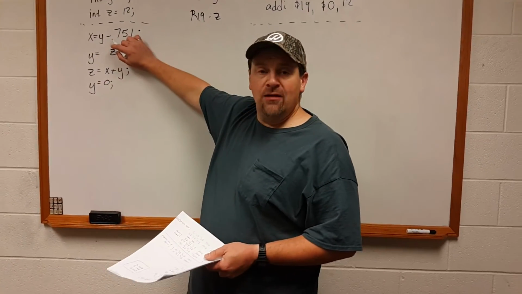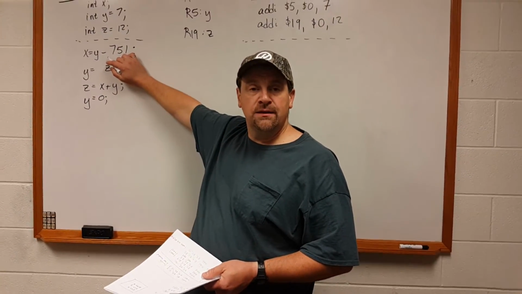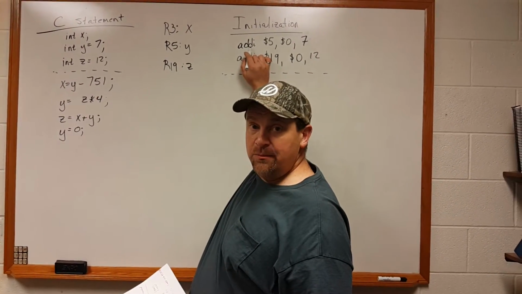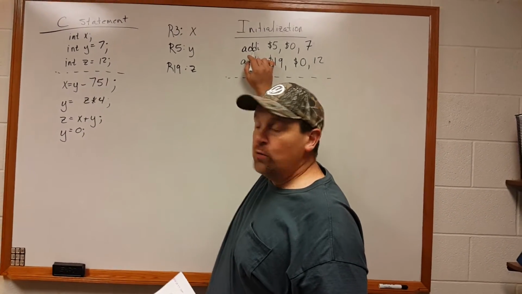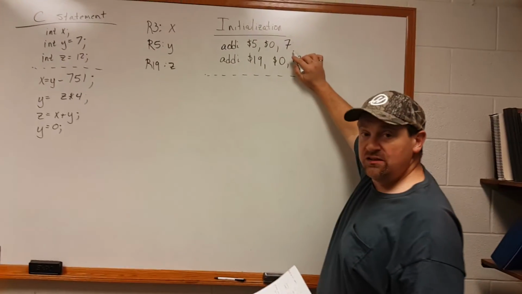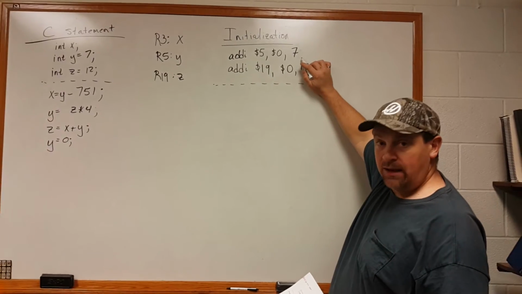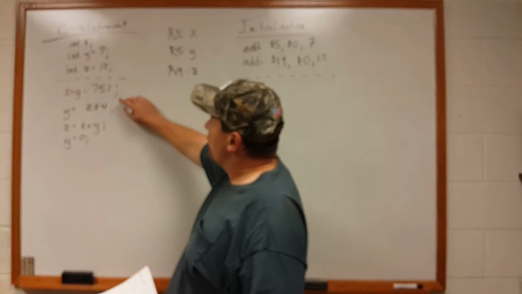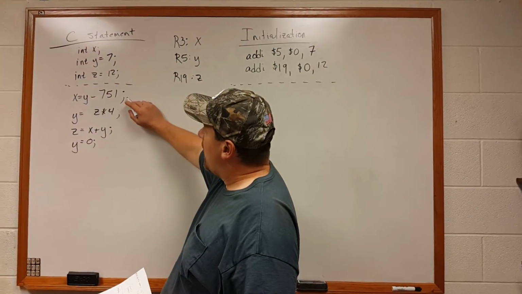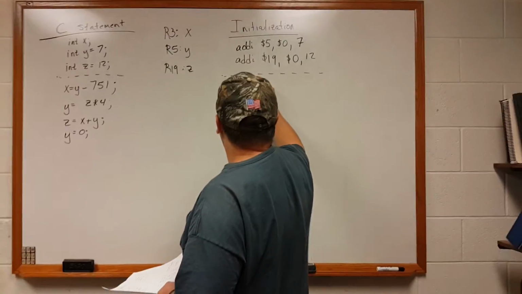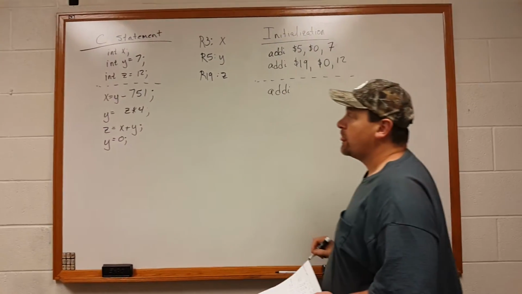We do not have a subtract immediate instruction, but we do have an add immediate instruction. Note that the constant that we have as an immediate can be negative. So for this instruction, x equals y minus 751, we can use the add immediate function.